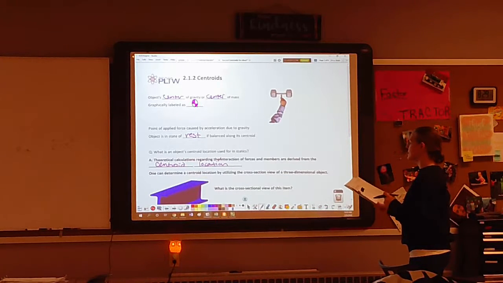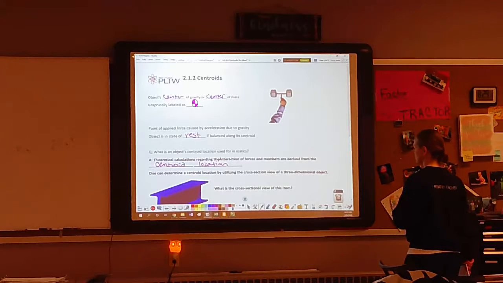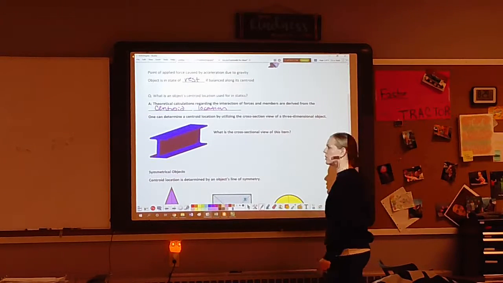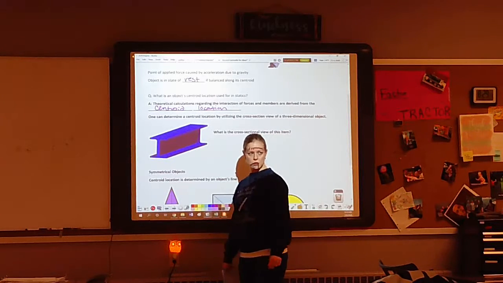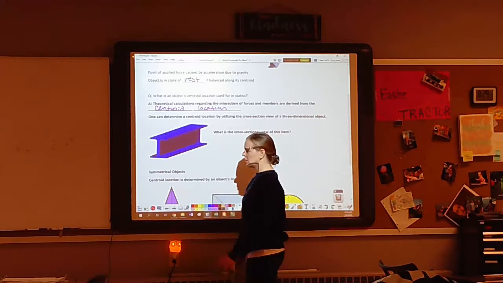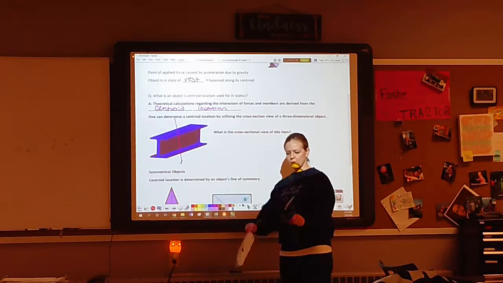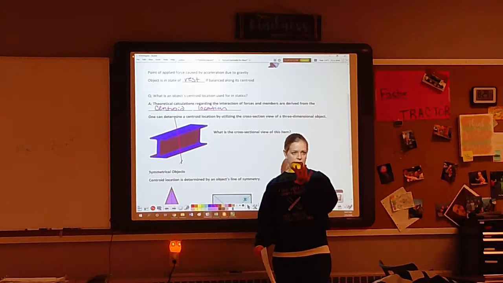One can determine the centroid location by utilizing the cross-section view of a three-dimensional object. What is a cross-sectional view of this? Like if you took a knife or a circular saw that cuts metal, what would the cross view look like if you broke it open and looked at it face on?